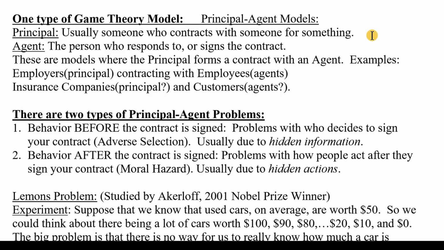So I'm a human being, a customer, and I'm looking to contract with an insurance company who's going to cover my health needs, and when I need them, I want them to be there. Sometimes you can reverse these roles. Most of the time, the principal is the one who's looking to get something done, and the agent is the person that you expect to perform or do something, right? So you could sometimes flip these.